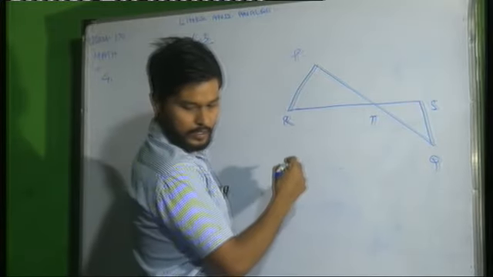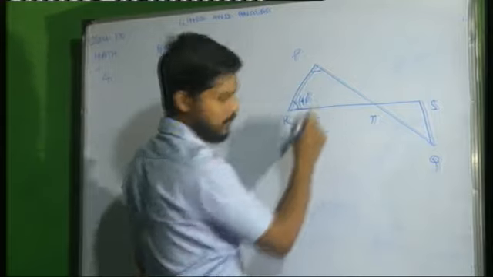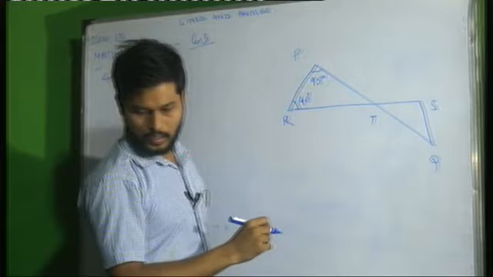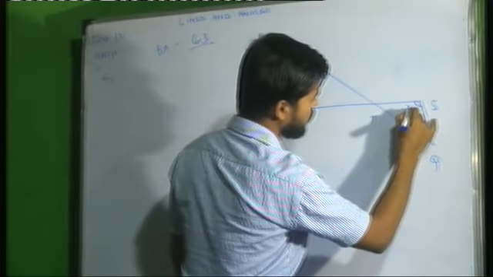Angle PRT is equal to 40 degrees. This angle is equal to 95 degrees. And angle TSQ is equal to 75 degrees.